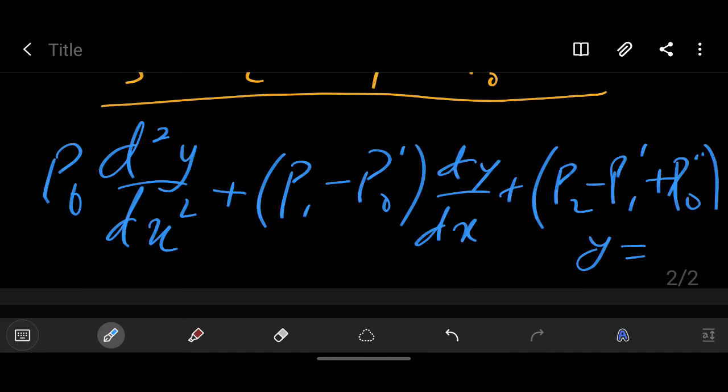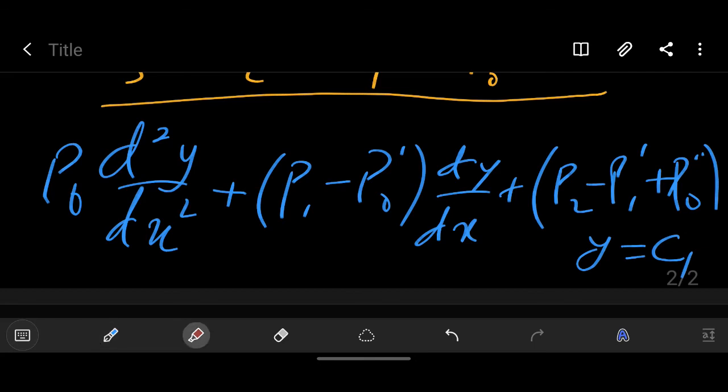We have to integrate the right hand side, which is 0, but when we integrate it, it becomes 0 plus some integration constant, which we call c1. So we get this.